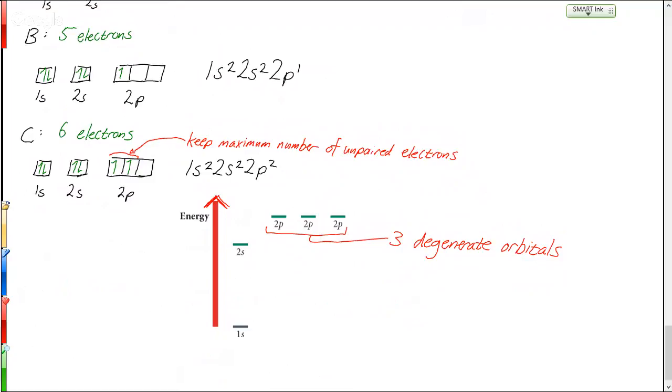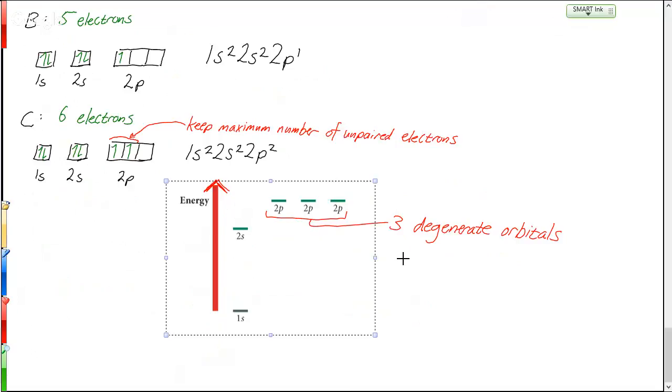So the attraction is inversely proportional to the distance. So the closer something is to the nucleus, the more tightly it's going to be held, the stronger the electrostatic interaction and the lower energy for the electrons. When we get into the periodic table part, we're going to start talking about the effective nuclear charge, which is a little bit different.